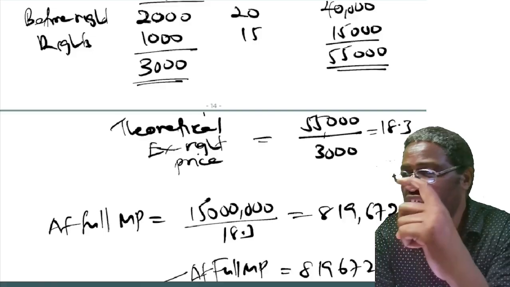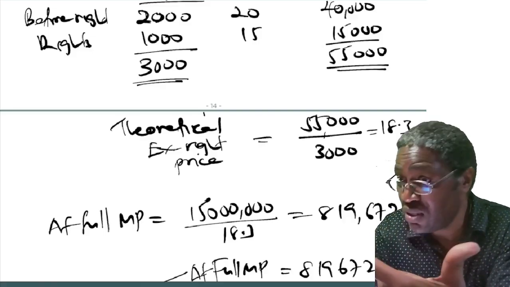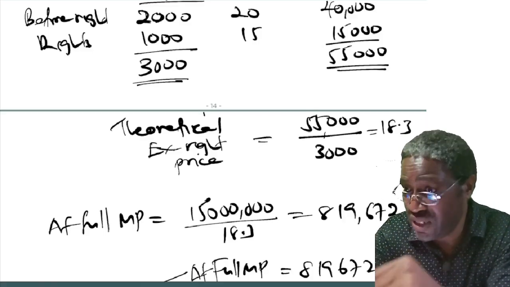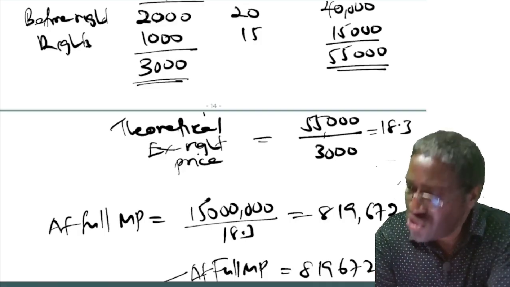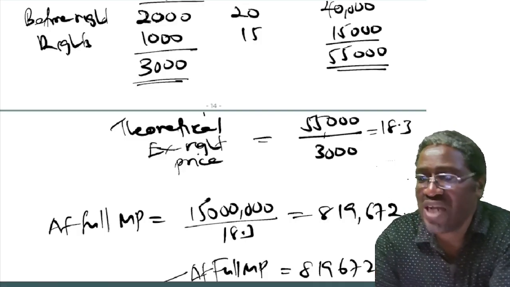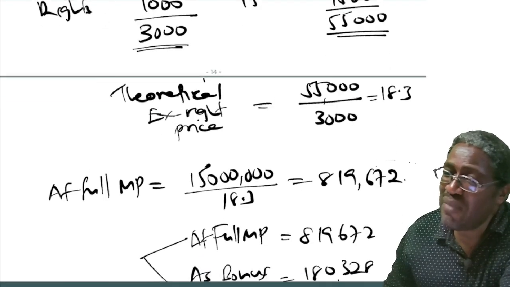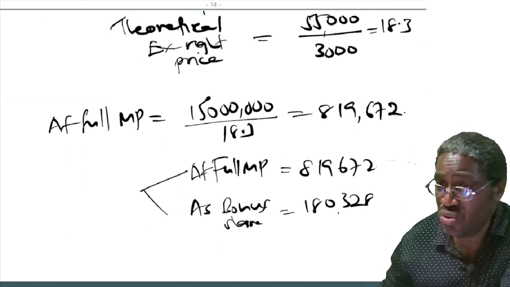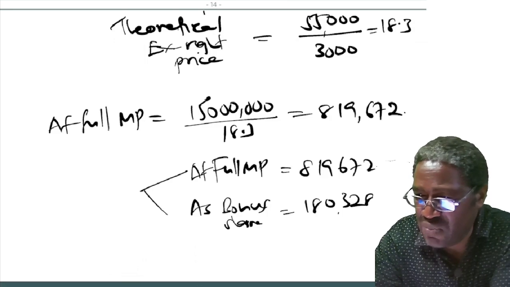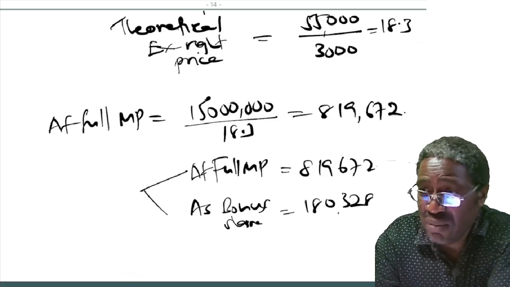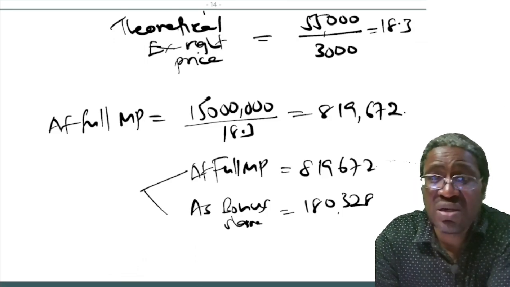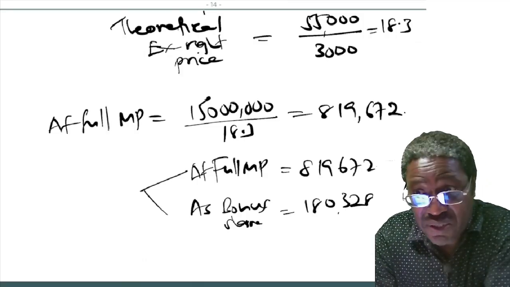That will give you the expected price that will prevail in the market after the rights issue. Once you get that, you divide the amount received from the rights issue by the theoretical ex-right price to get the number of shares deemed to be issued at full market price.